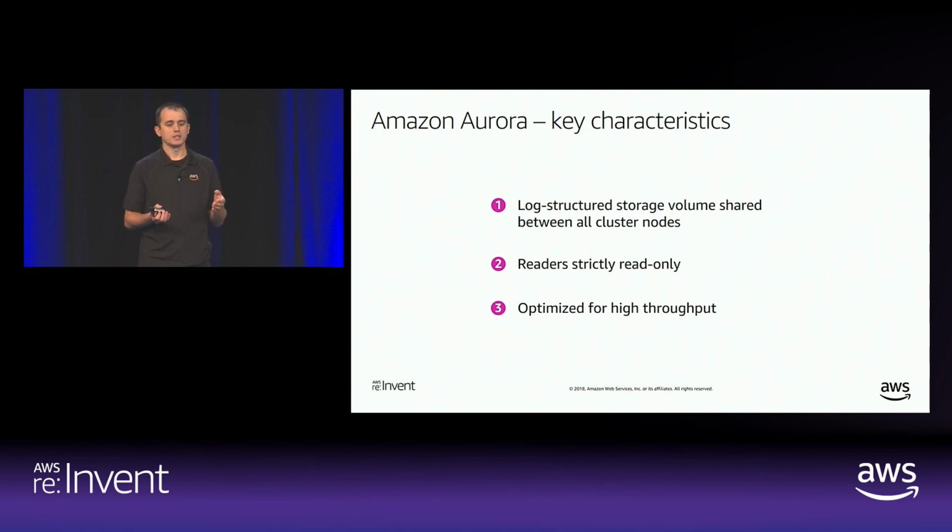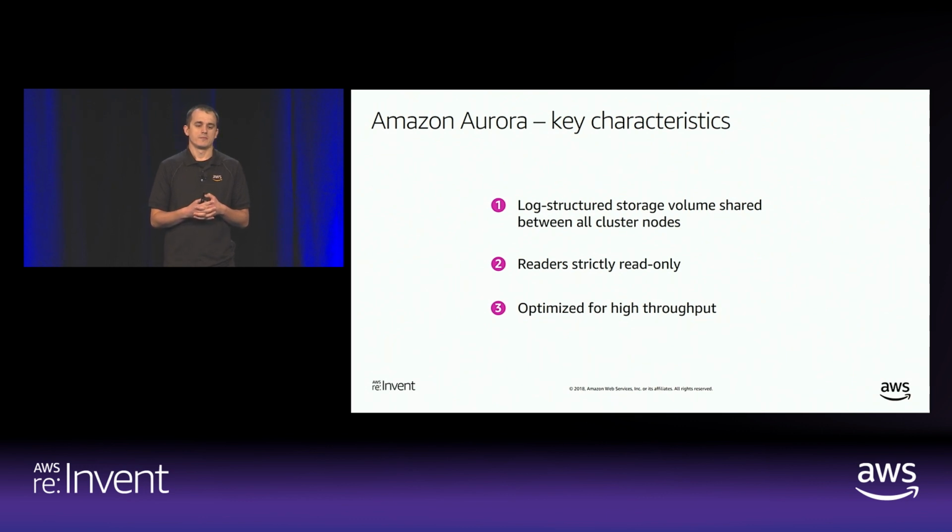And what that also means is we can optimize for higher throughput, for higher concurrency. There's less I/O, there's less network traffic going across that cluster between the reader and the writer nodes. So we can have every one of those nodes do a little bit more. So you have higher concurrency rates, you have higher levels of throughput compared to a traditional MySQL or Postgres environment.